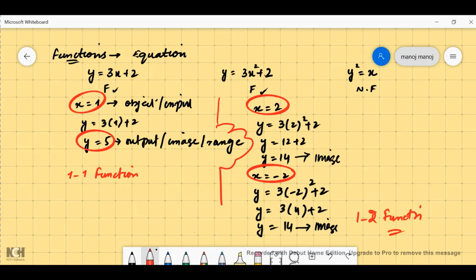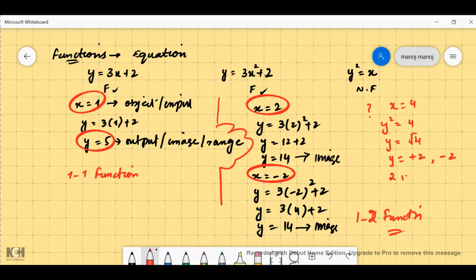But when I use this equation, suppose x equals 4, so y squared equals 4, and when I find the value of y, it is coming square root of 4, which is plus 2 and also minus 2. How many images are there? How many ranges are there?